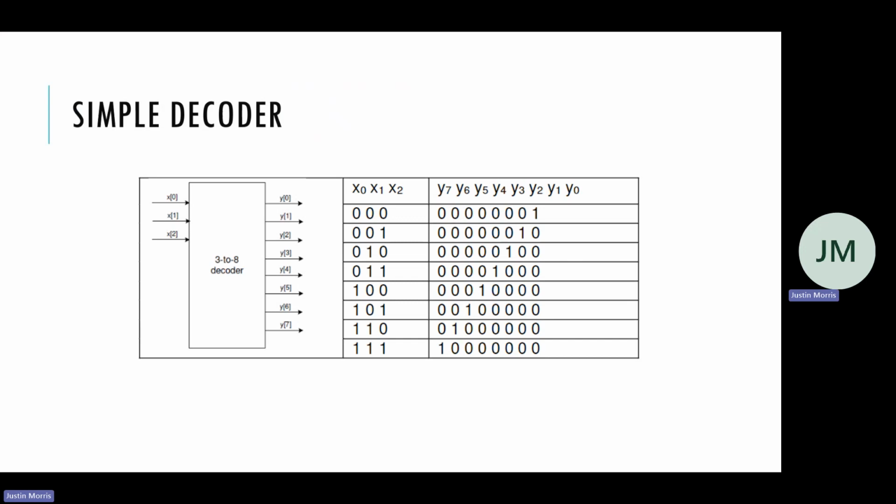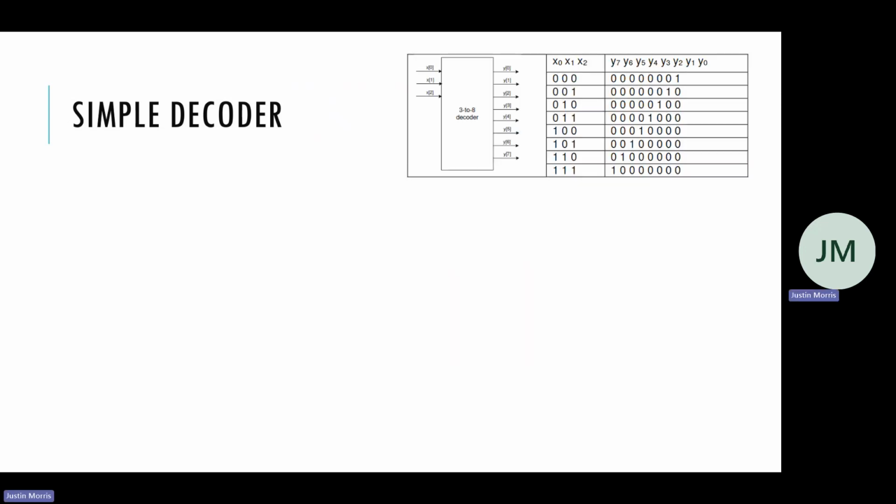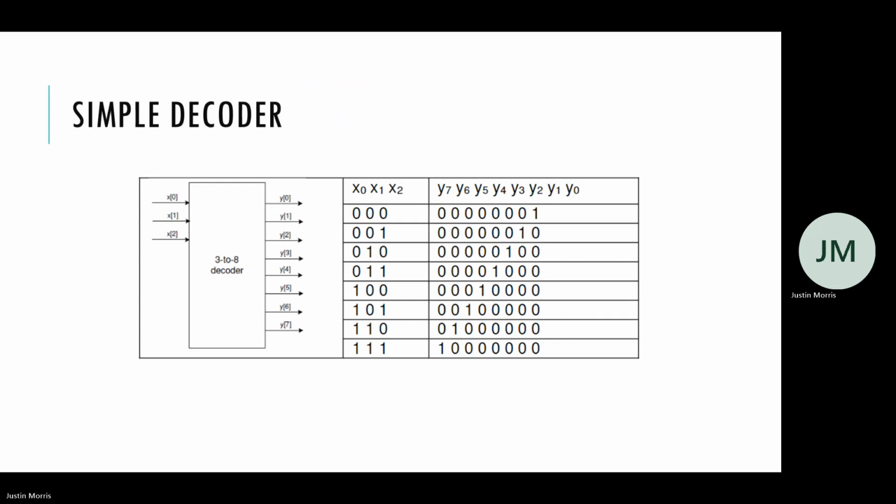All right, so first thing that you are making in your lab is a decoder. And I think we only have time to go over this. So this is going, most significant bit is X0.